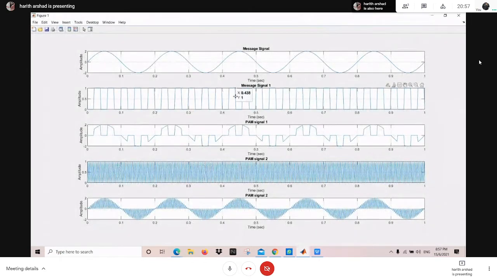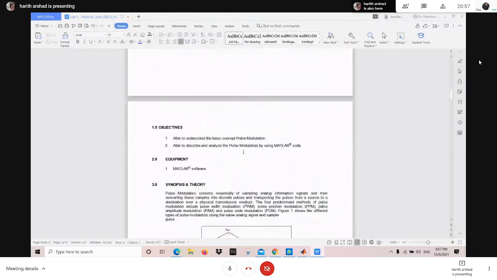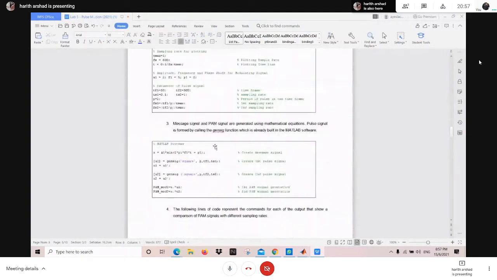This is the sampling rate TS1 of 0.1 and TS2 of 1, and the time frame TF1 is 50 and TF2 is 500.